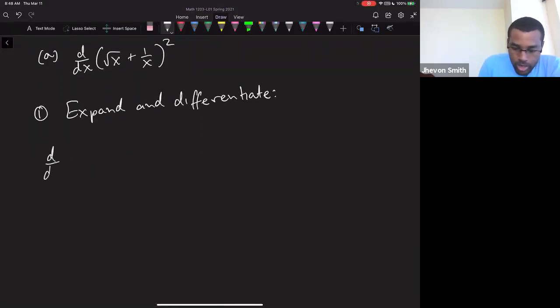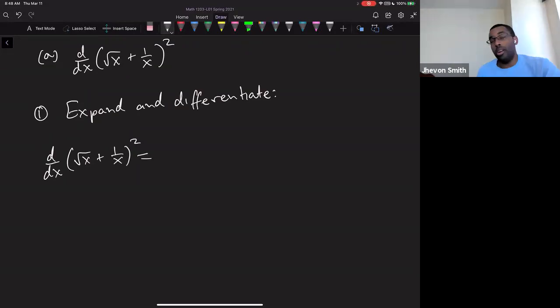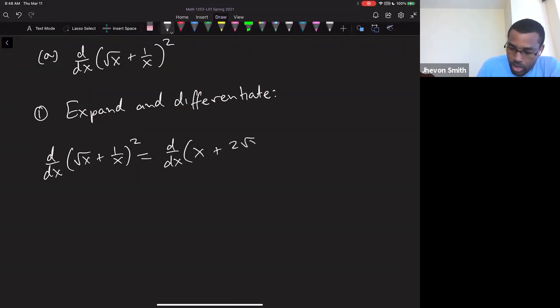So you can say the derivative of the square root of x plus 1 over x, squared. We know how to expand a square. You square the first term, take 2 times the one term times the other term, and then you square the last term.